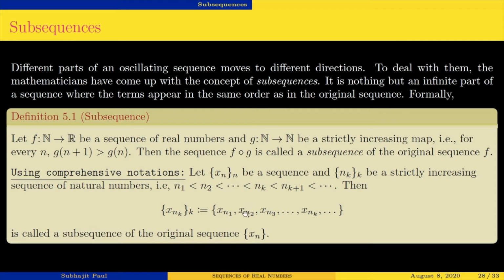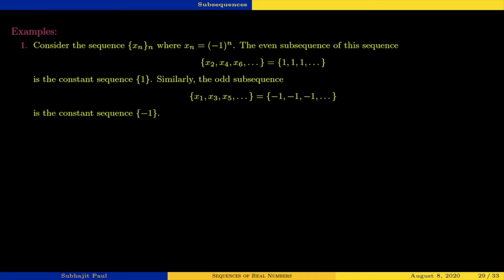It's not that x2 is coming before x1 or something. So x2 should always appear before x5. If you can arrange that situation, then it is a subsequence in the same order as the original sequence. So formally we have this definition. Fine. Examples.